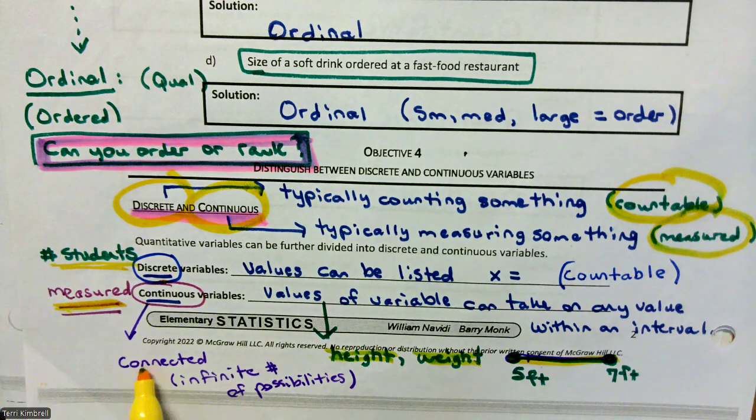They would be connected and have infinite number of possibilities. So when you're dealing with that, remember discrete, countable, it is finite. You only have so many choices. Continuous is infinite, and you have many, many different choices.